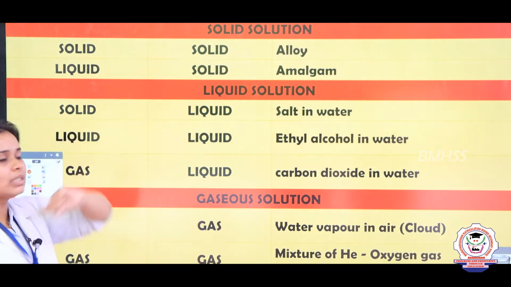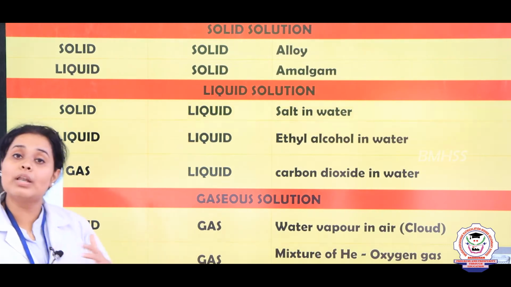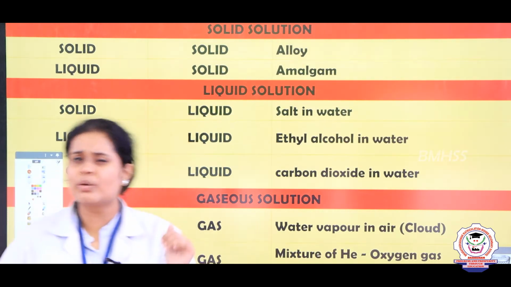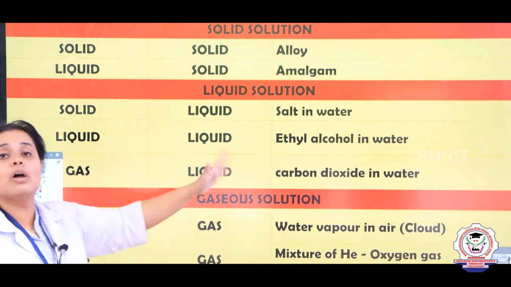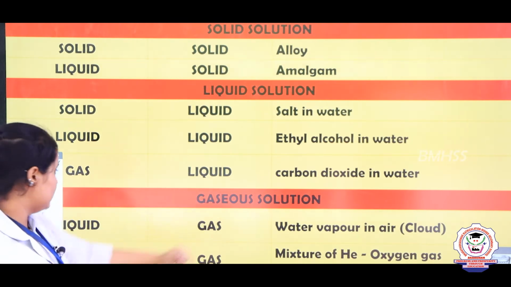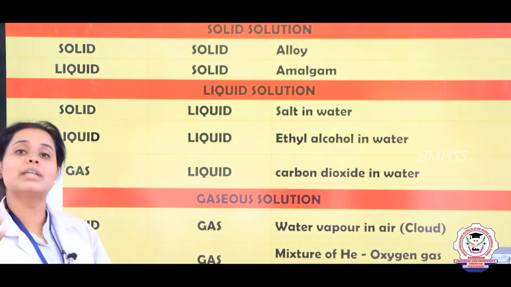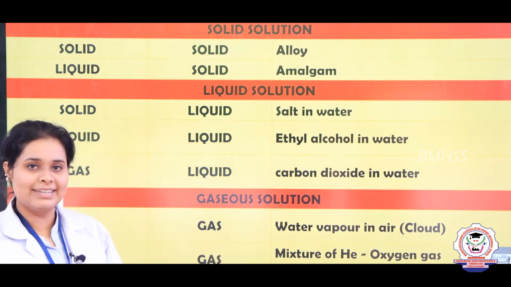Then liquid solution. The basic liquid solution is when you are adding a solid inside a liquid. For example, sugar and water or sand and water. Here it is salt and water. Then liquid: ethyl alcohol in water. Gas in liquid: carbon dioxide in water, which is your favorite, the soda bottle, right? Yes.